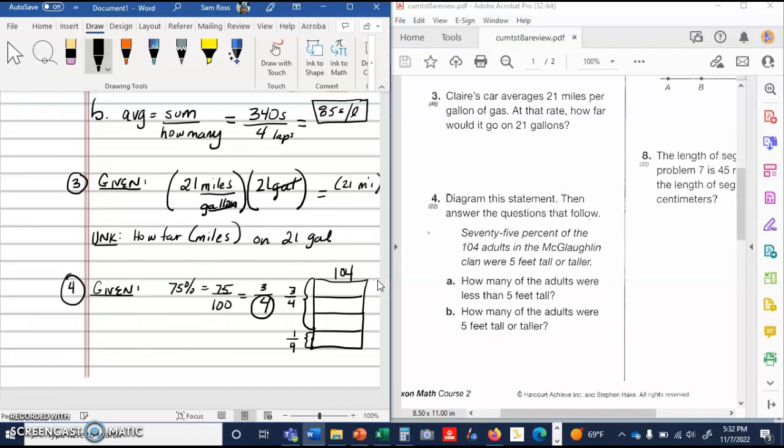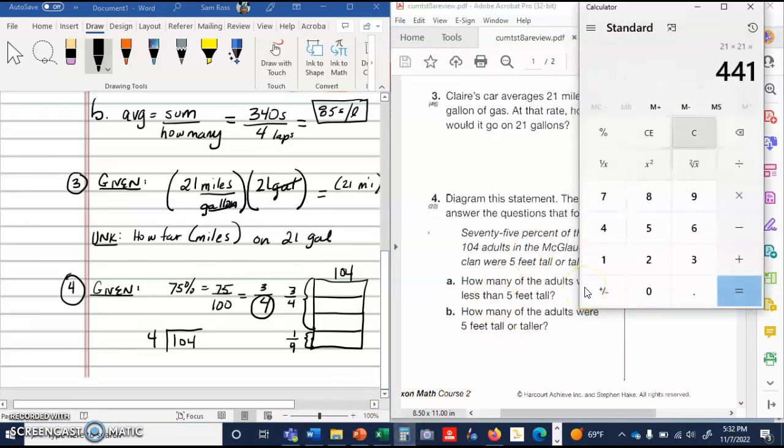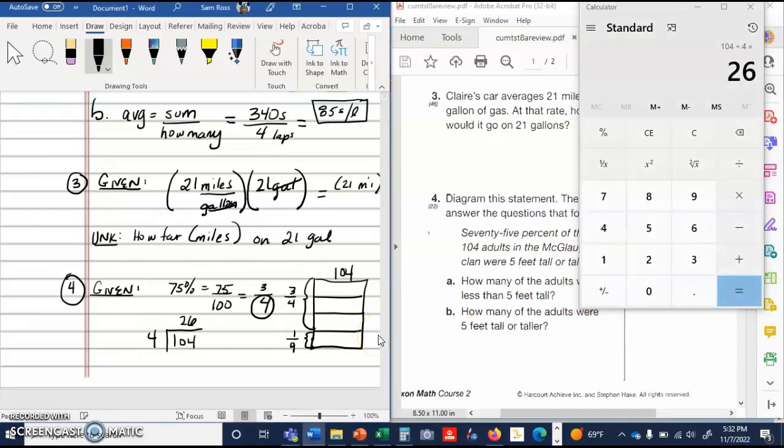I don't even know yet because I haven't read the whole problem, but I know that I have to divide 104 by 4. So let me grab my calculator. 104 divided by 4 equals 26. That's what's going to go in each one of these.